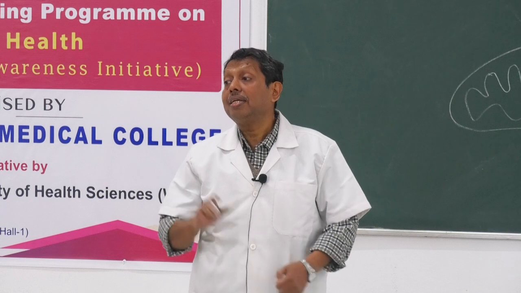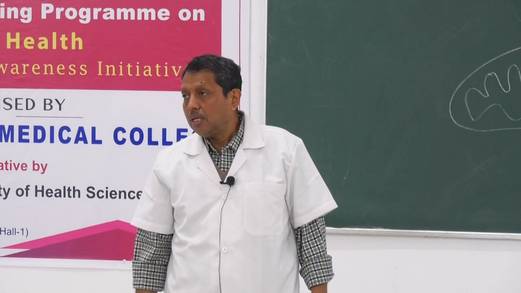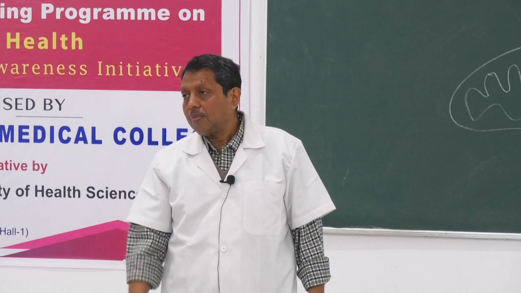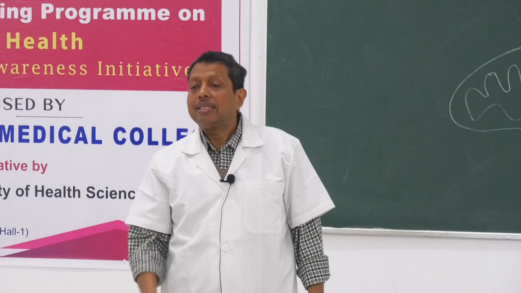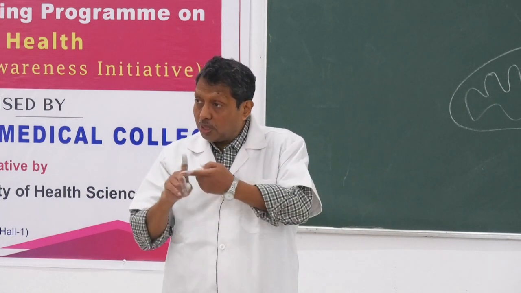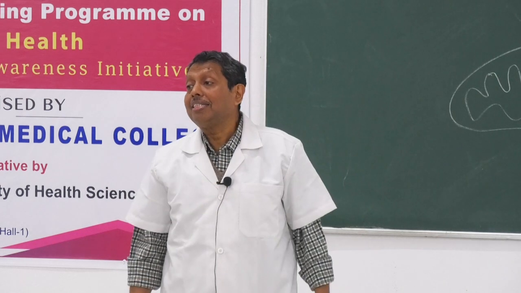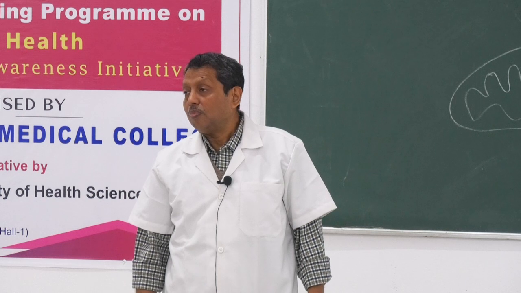Some are continuously active, contracted, where there are more mitochondria. Suppose in cardiac muscle, the number is more. Or in the fast muscles, the number is more. And in parts of the cell where more ATP is required, there the mitochondria are more.